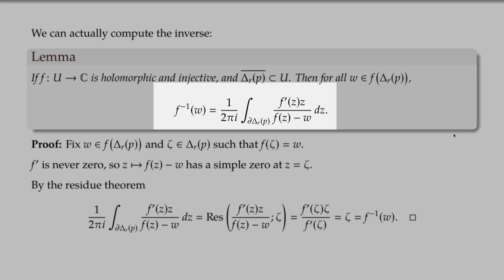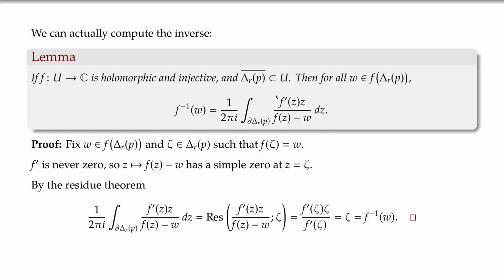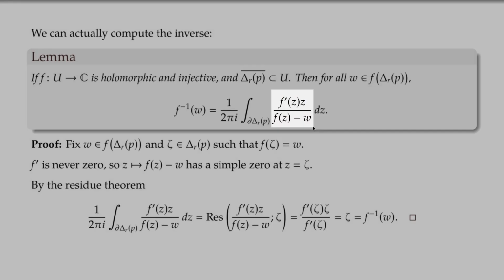And if you look at what's happening here, we have a function that we're integrating in terms of z, but it's also a function of w, and it's a holomorphic function of w, right?